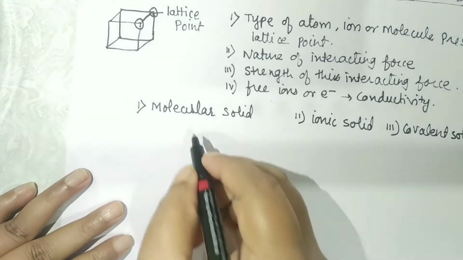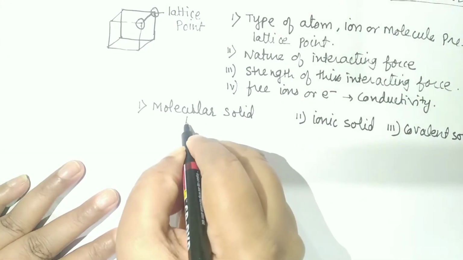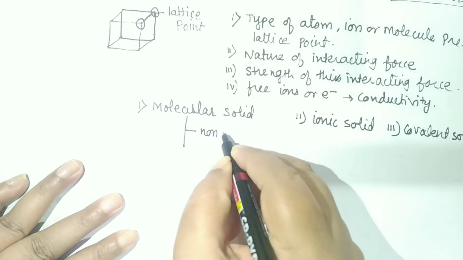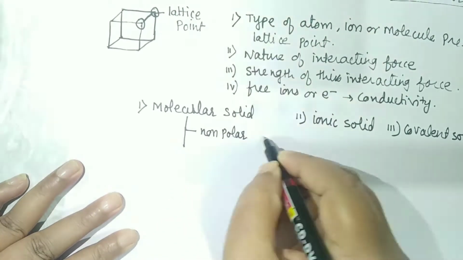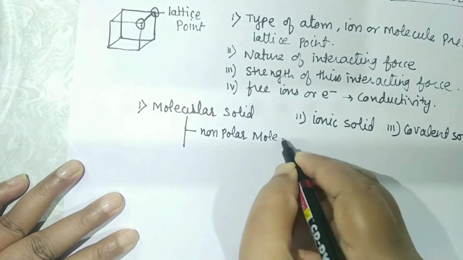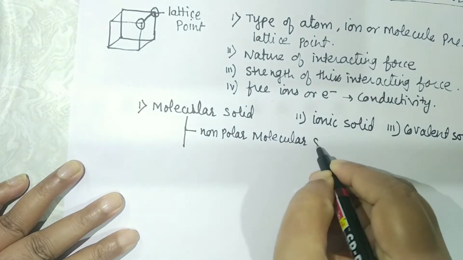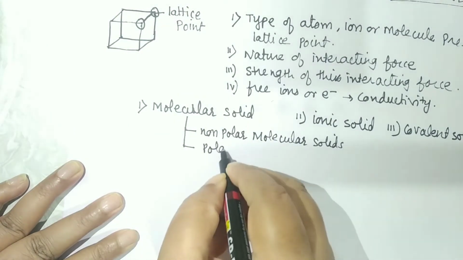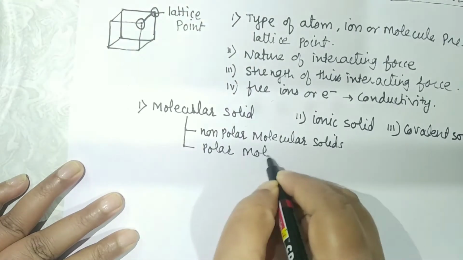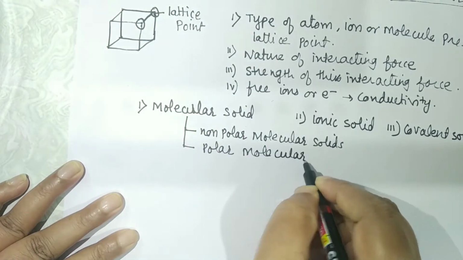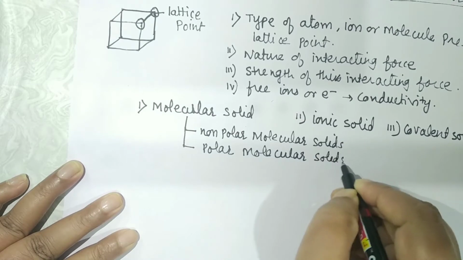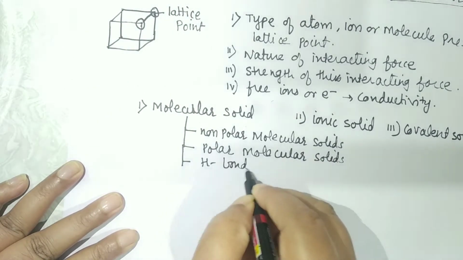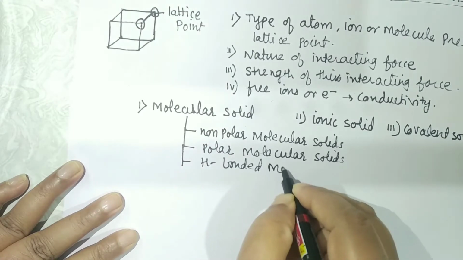Now students, molecular solid is again classified into three types. First is non-polar molecular solids, polar molecular solids, and hydrogen bonded molecular solids.